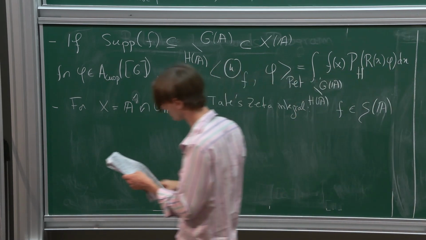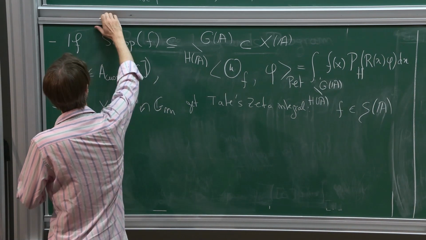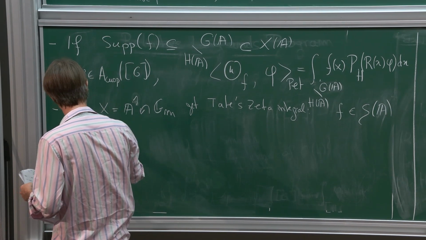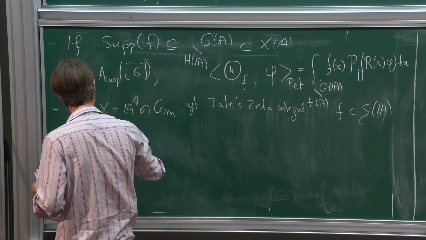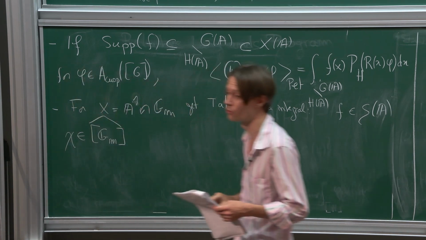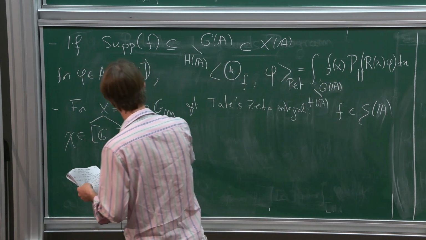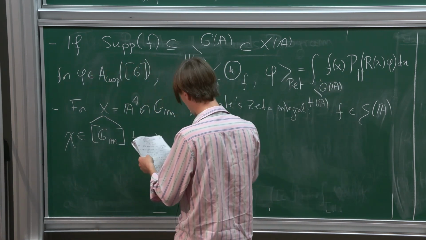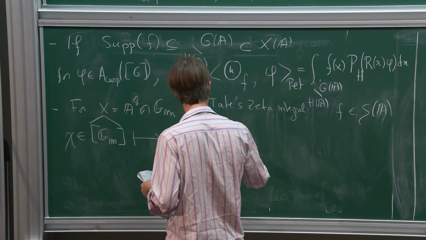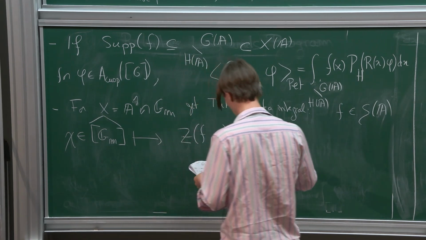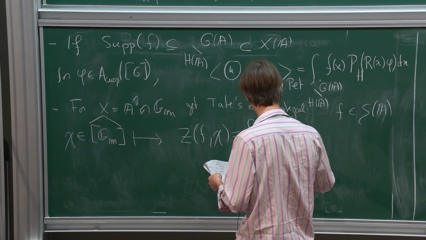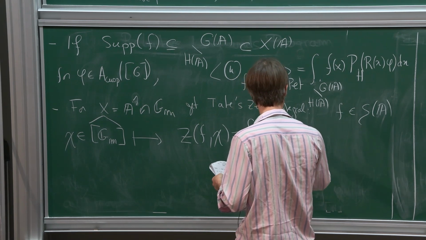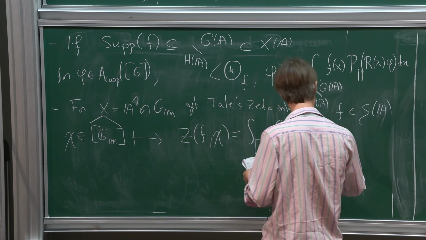And an automorphic cusp form in this case is just a character of the automorphic quotient of the multiplicative group. And when you pair these two, you get Tate's zeta integral.